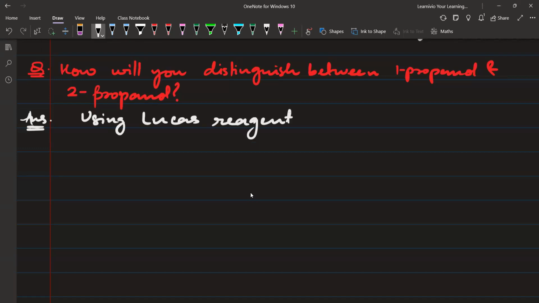Now the reagent is HCl and anhydrous ZnCl2.